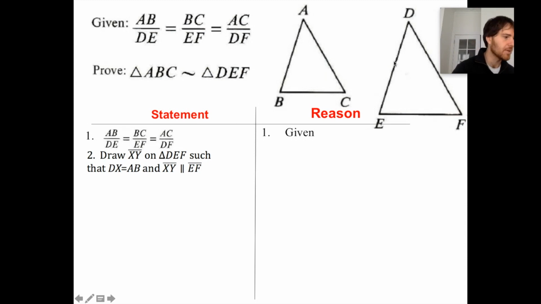If I had a compass, I could swing it to figure out how long AB is, copy it over here, and get my point X. Then I'm going to draw a line through that point X parallel to segment EF. Again, this triangle on top and this triangle below are going to be similar to one another, and that's going to help us in this one.